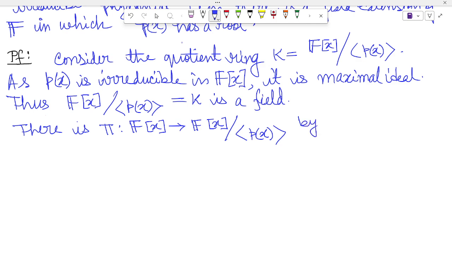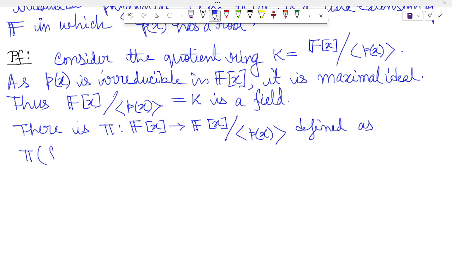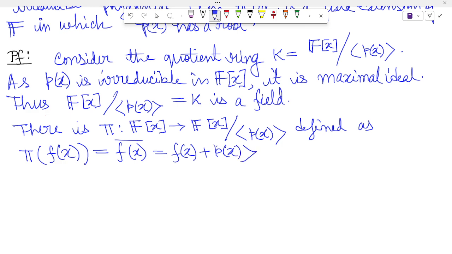Defined as pi of f(x) goes to f bar(x). This is f(x) plus p(x). You know that is a ring homomorphism.